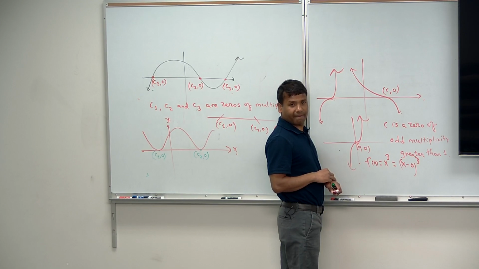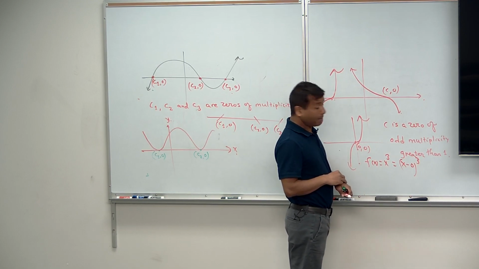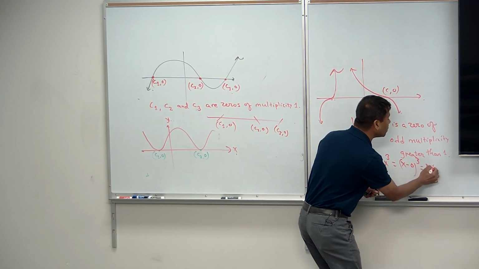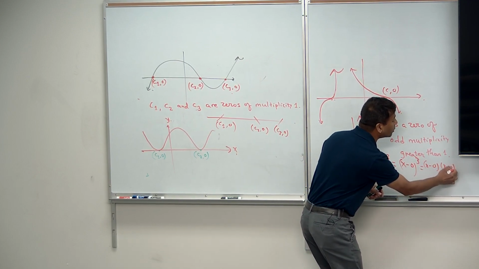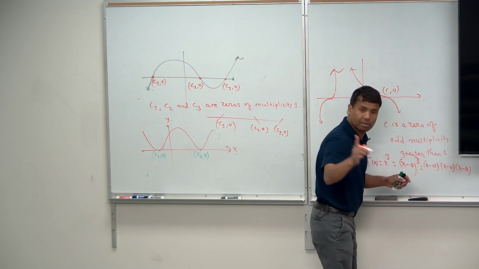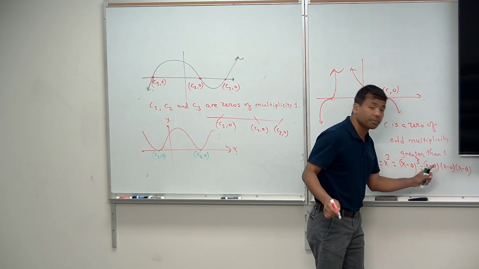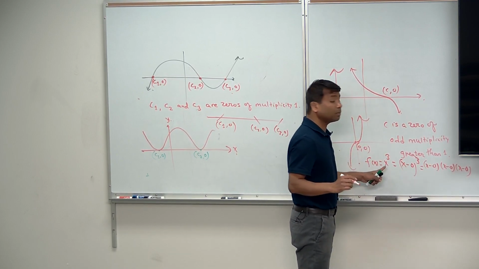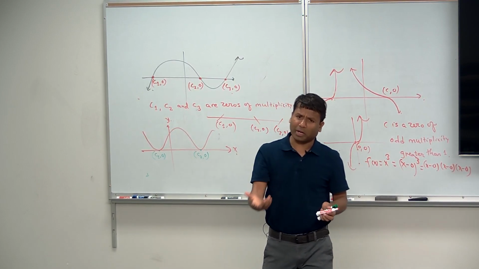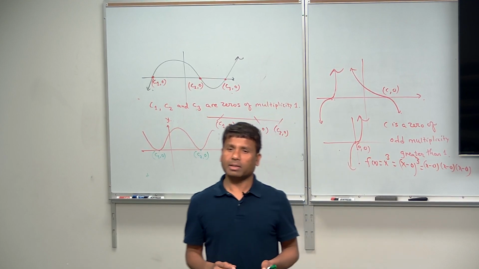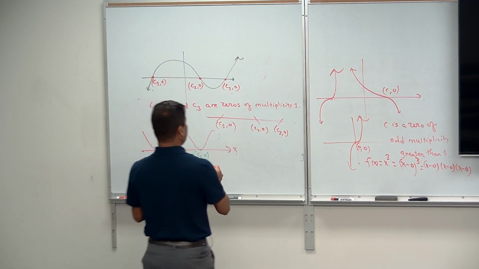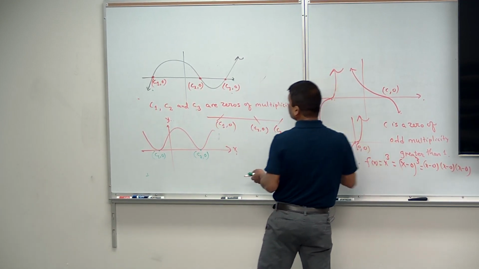How many times does this 0 occur? Look here, this is (x minus 0) times (x minus 0) times (x minus 0). How many times does 0 repeat? 3 times. So that's why this is a 0 of multiplicity 3. And 3 is an odd number, greater than 1. That makes sense? And let me give you a very simple one.